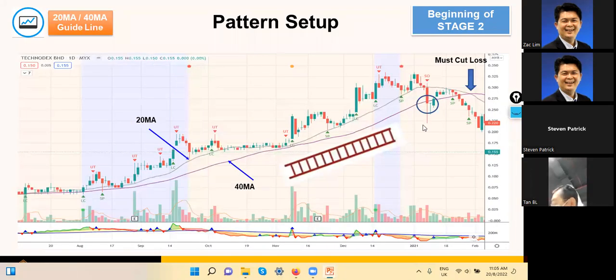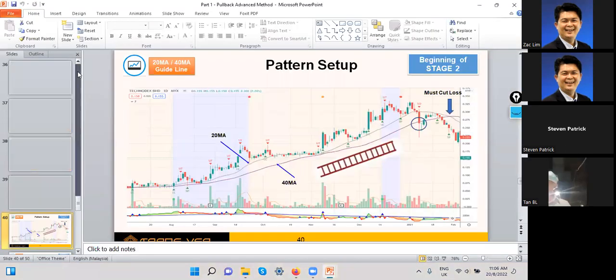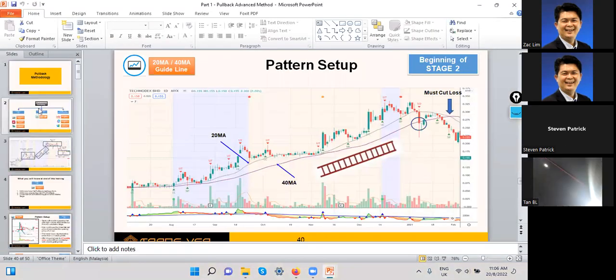So this is the 20 moving average and 40 moving average. This is what we apply in stage 2. When you are in stage 2, we will use, maybe I skip this one, come up. I go back to the first line to align back this one.